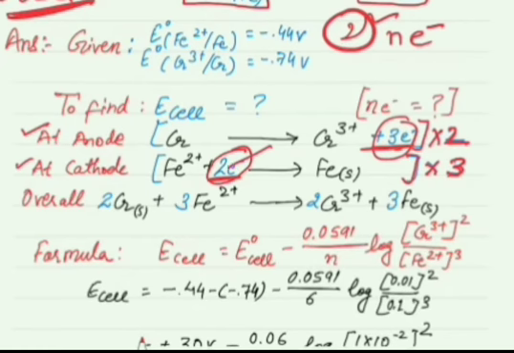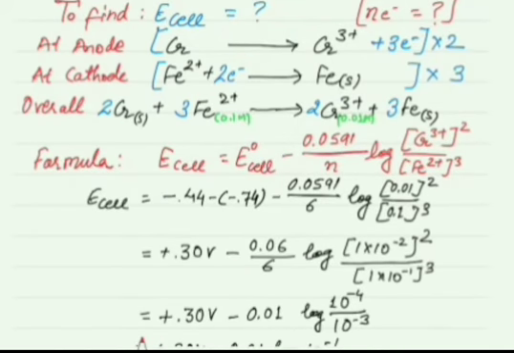So the electrons will cancel out and we will get this resultant reaction, right? In this reaction you can see that an exchange of 6 electrons is there.